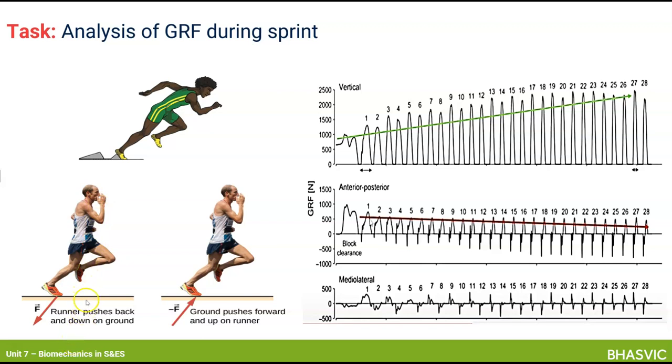I'm not saying it's totally vertical, or we would just bounce up and down. We've got to have some anterior-posterior force to propel us forwards, but because our body position is more upright in the middle and end phase of the race, we get greater vertical ground reaction forces.